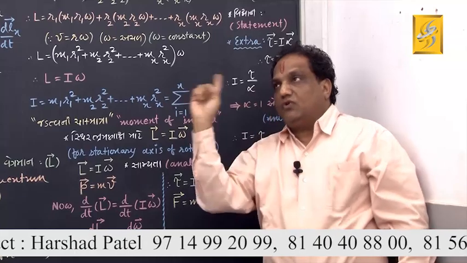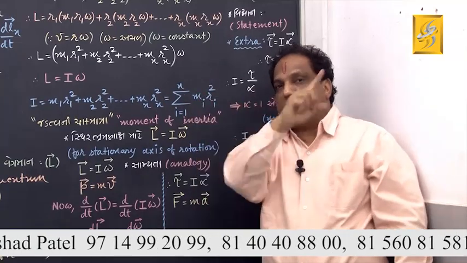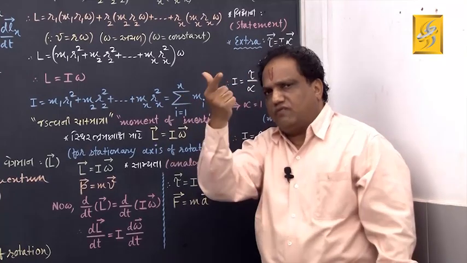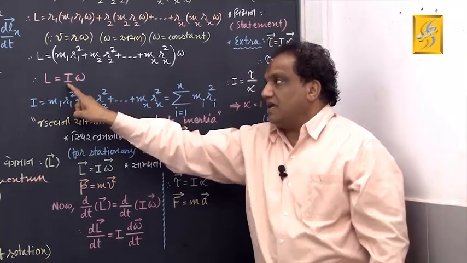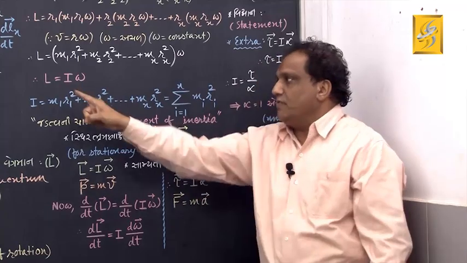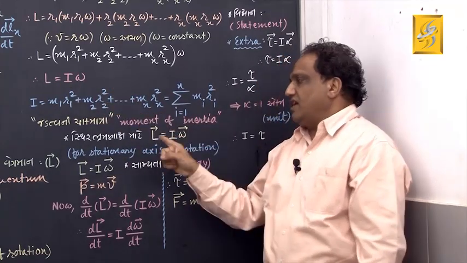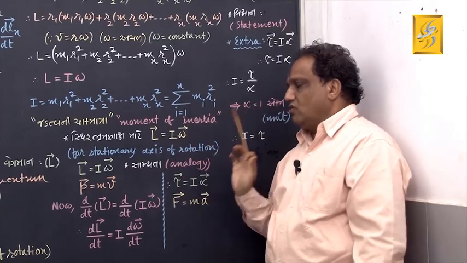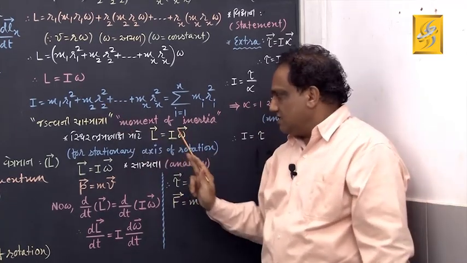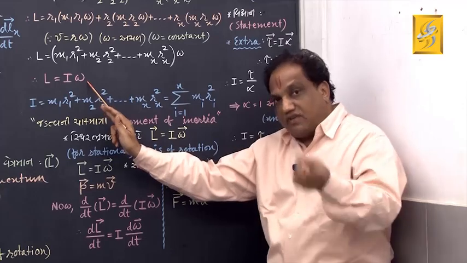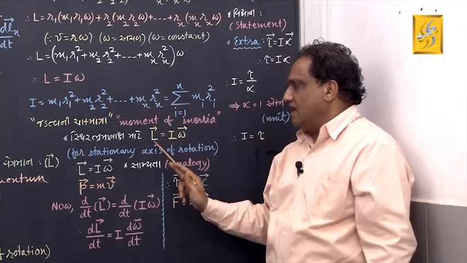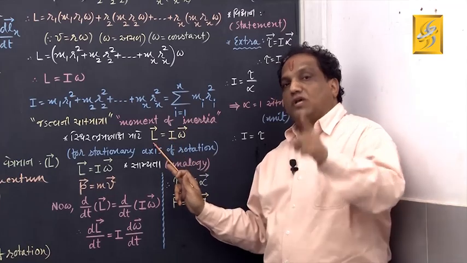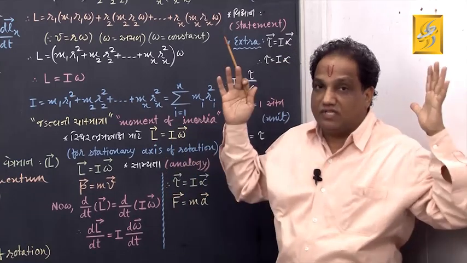So for rotational motion of a rigid body about a stationary axis of rotation, these two vectors have the same direction. Then, taking I as a scalar, you may write this scalar relationship in vector form this way: vector L equals I into vector omega. This gives you the total angular momentum of a given rigid body.